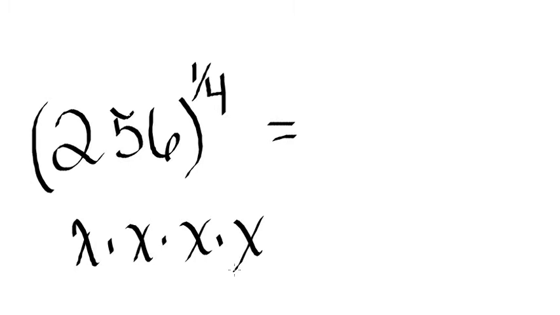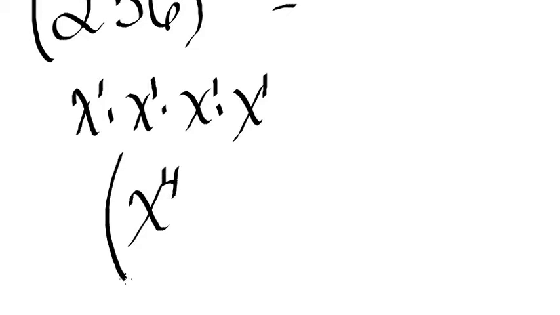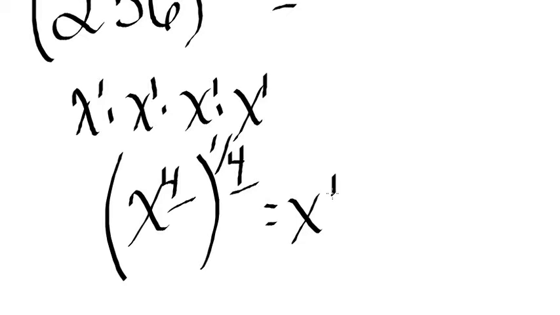Well, I'm here to tell you what that number is, and of course, let's simplify this. What is this? This is just x to the 4th power, and it's all raised to the 1/4. And when we multiply 4 times a fourth, we get x to the 1st power. We've got to figure out what that x is.